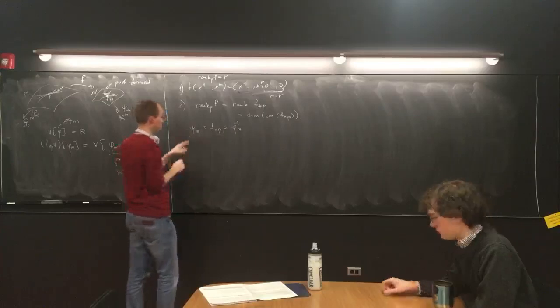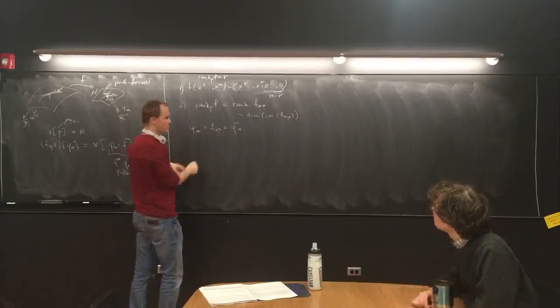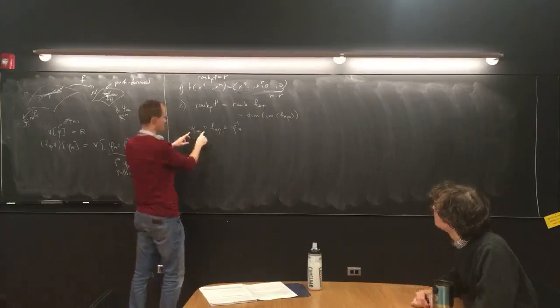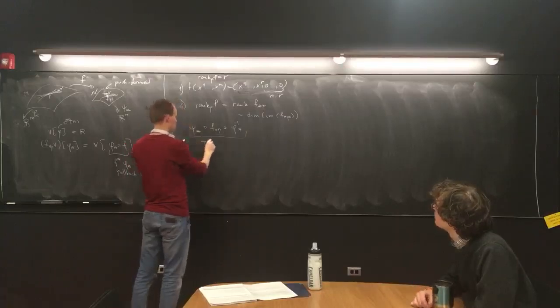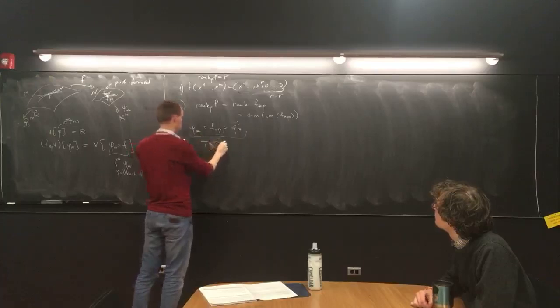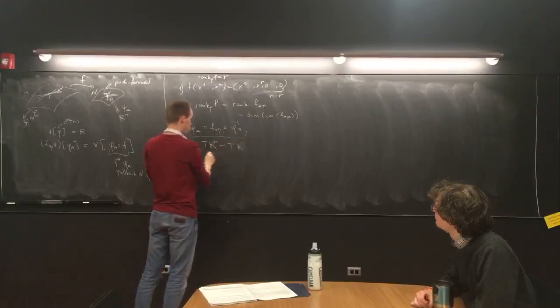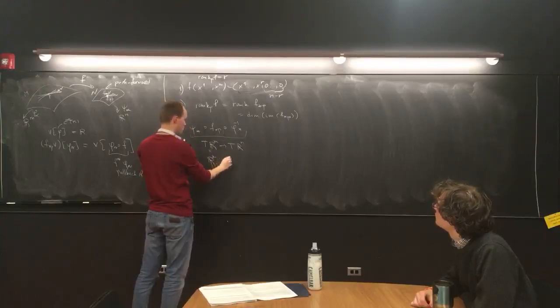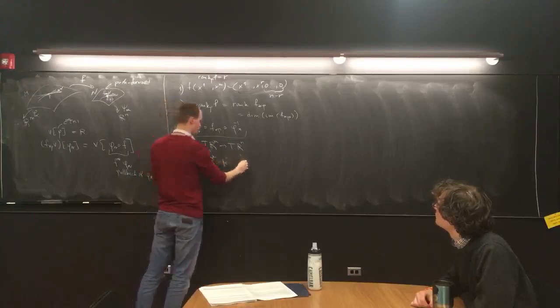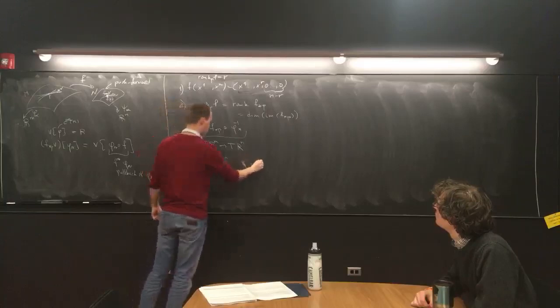So compose it with the differentials of these guys. The result is going to be a map from T of Rm to T of Rn, but this is just Rm cross Rm, and this is just Rn cross Rn.